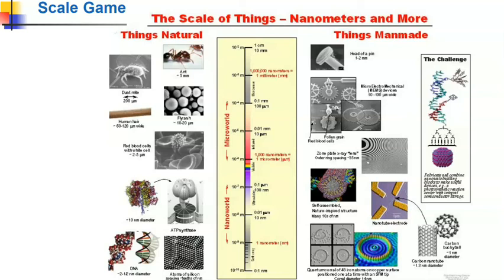The things which are naturally available also have some nano characteristics, nano size, and the things which are created by humans also have some materials in the nanoscale.